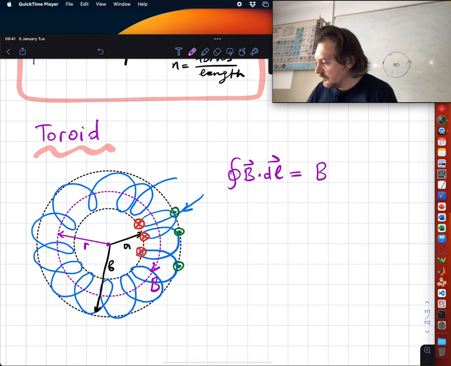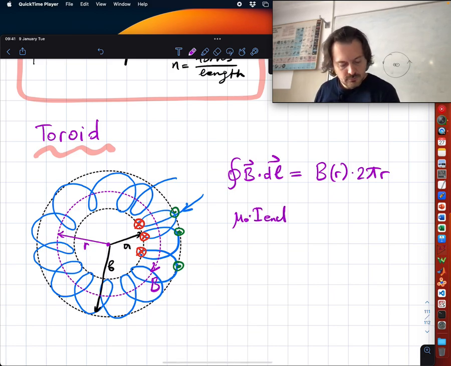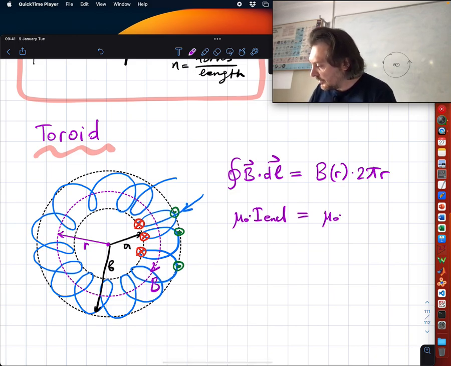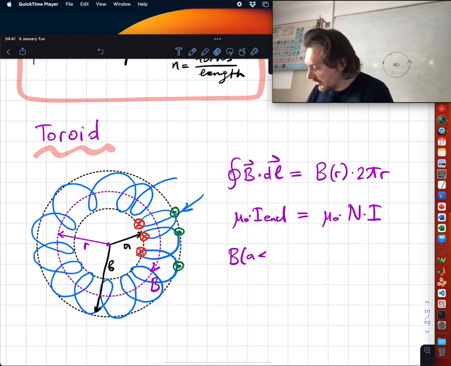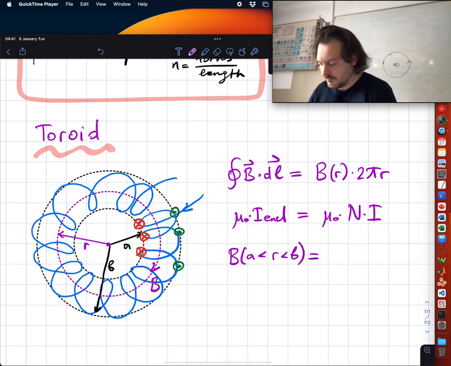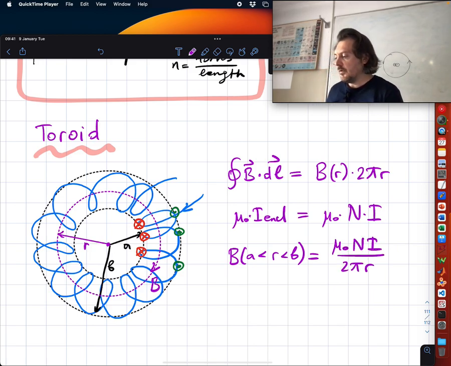B at that r times 2 pi r, and it has to be equal to mu 0 times I enclosed, which is N times I. So for a toroid, the magnetic field inside the toroid changes from A to B like mu 0 N I over 2 pi r.